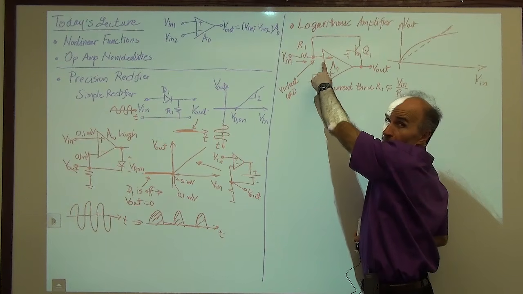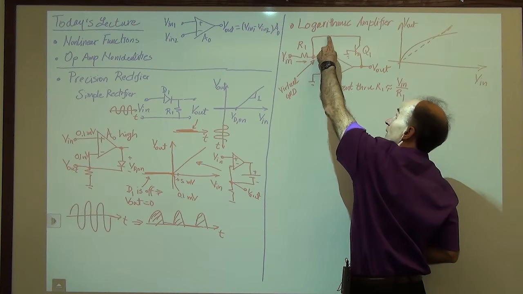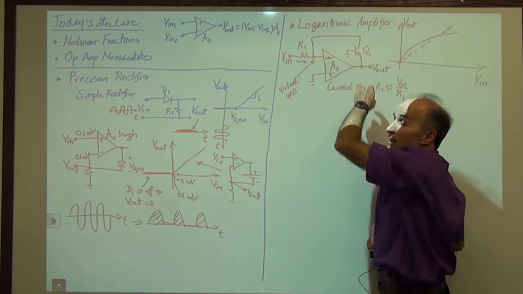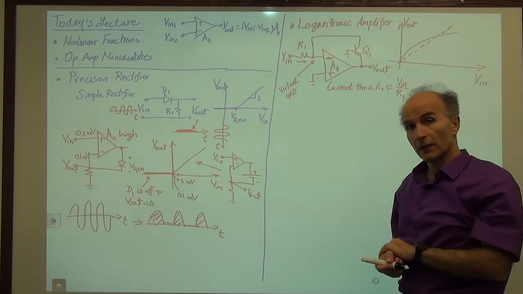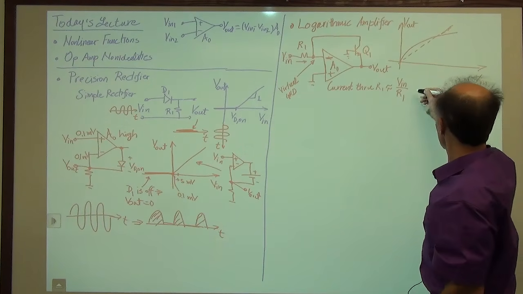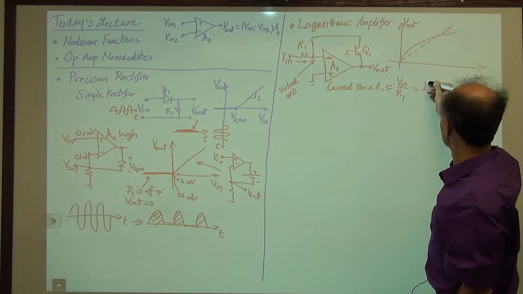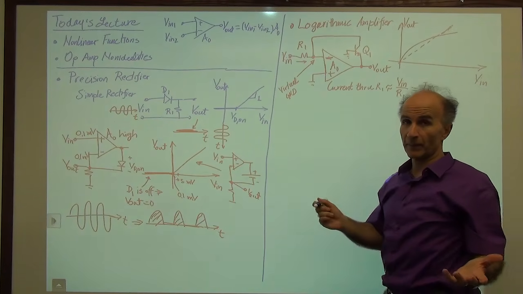It cannot go to the op amp. It has to go through this terminal and become the collector current of Q1. So this is equal to IC1. It has to happen that way, right?